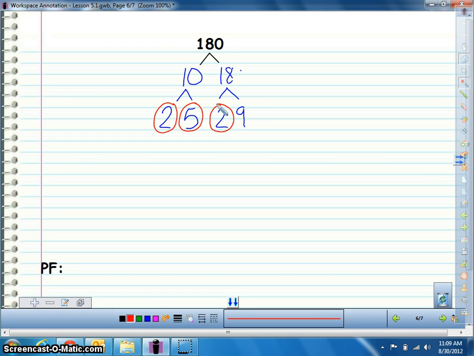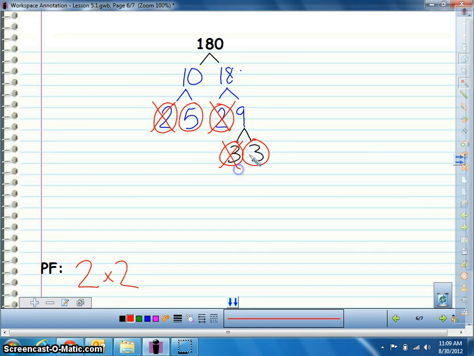What about 9? Is that a prime number? No, I can take 3 times 3 to get it. So I'm going to add those legs and put the 3's on there. Now I reevaluate, and 3's are both prime numbers, so I'm at all dead ends right now. So now, starting with the smallest number, I've got a 2 and another 2, so I'm going to put 2 2's down here.